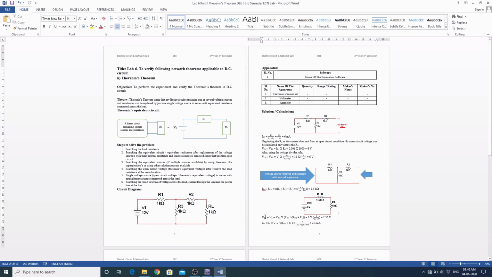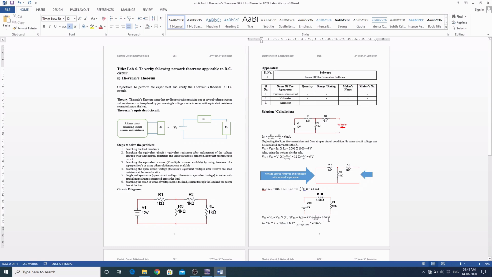So VRL is equal to VL, which is equal to VTH into RL by RTH plus RL. Using the voltage divider rule, we can find out the voltage across RL, that is VRL, where VTH was 6 and RTH was 1.5 kilo ohms, so RL divided by RL plus RTH.